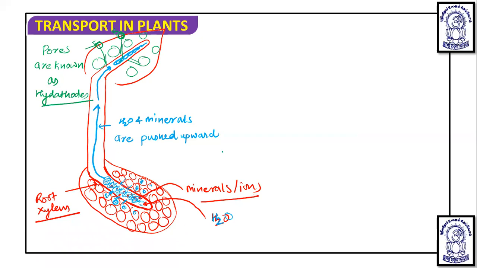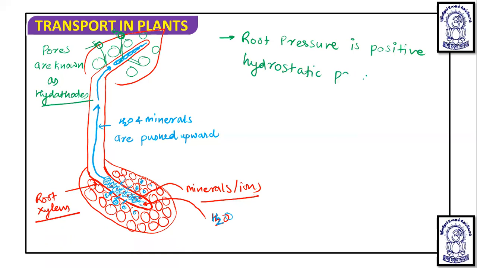Now root pressure is positive hydrostatic pressure, and that positive hydrostatic pressure is responsible for pushing the water up in the plant.